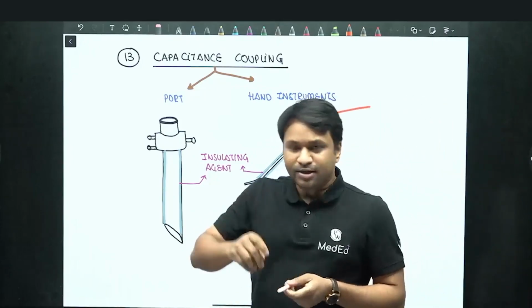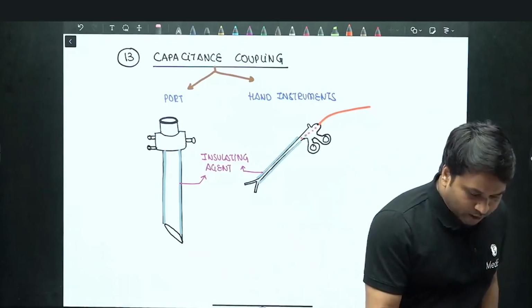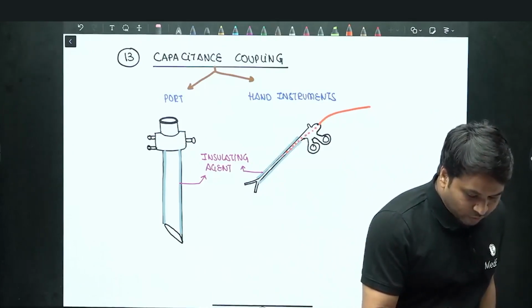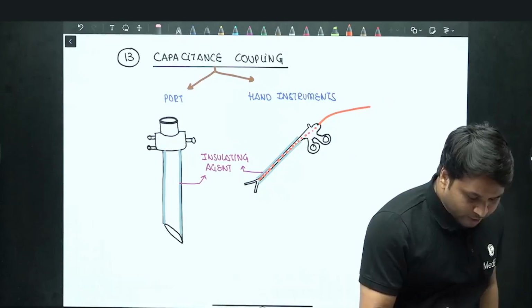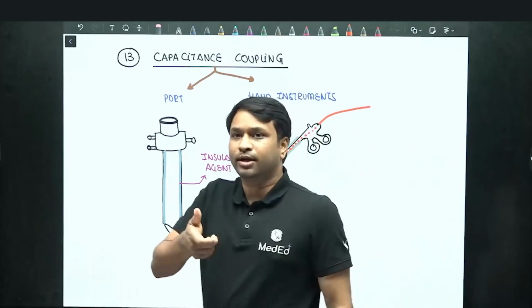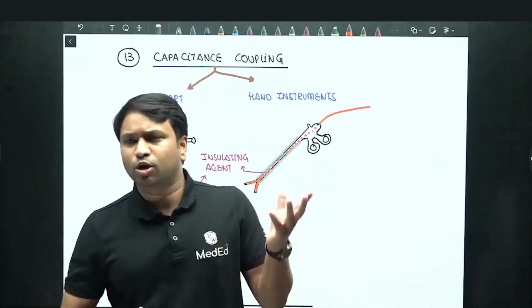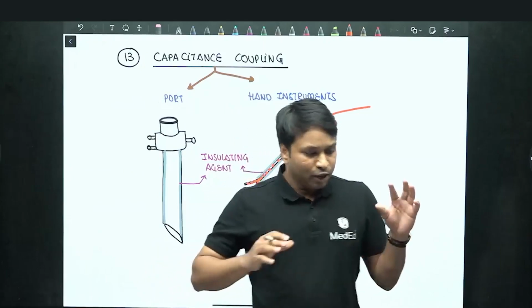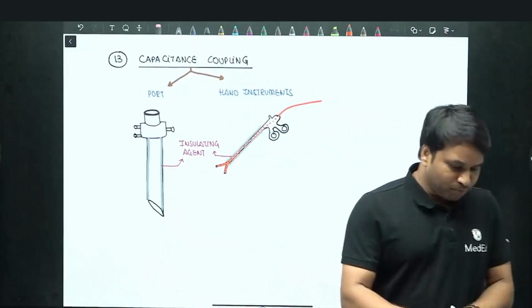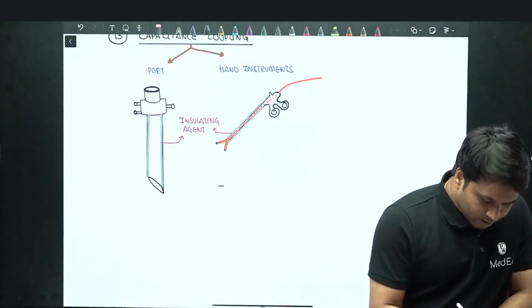Whatever energy source you give, let's say you're going to cut or coagulate, that energy will flow through the instrument and be delivered to the tip of that instrument, and whatever you touch, you'll be able to burn, cut, or coagulate.